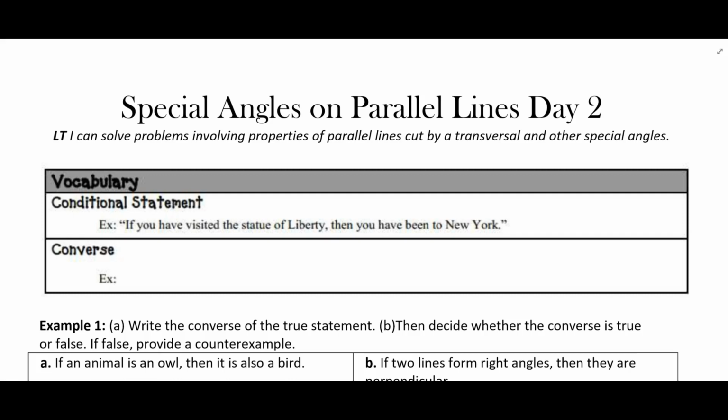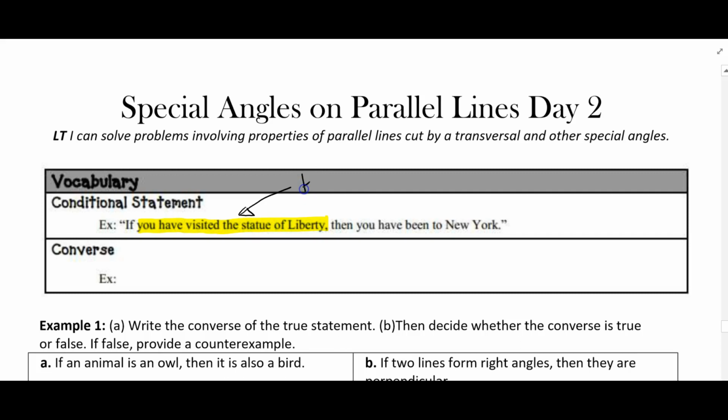Let's look at a conditional statement. A conditional statement is just a statement in the form of if this, then something else. Our statement here says, if you have visited the Statue of Liberty, then you have been to New York. Let's look at the two parts. The first part, you have visited the Statue of Liberty, is the if clause.